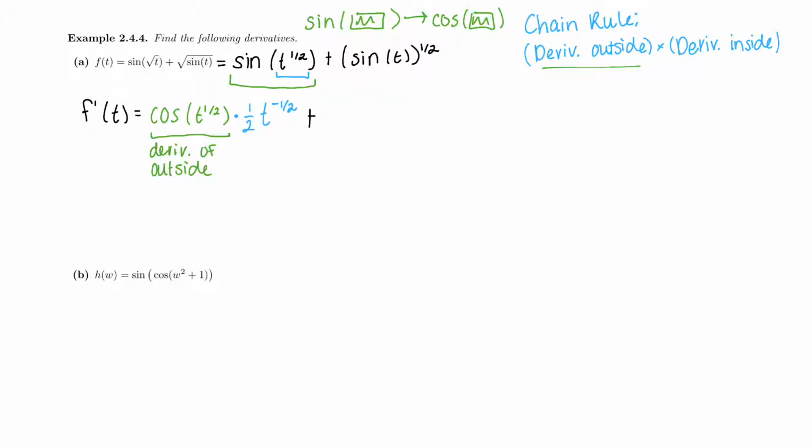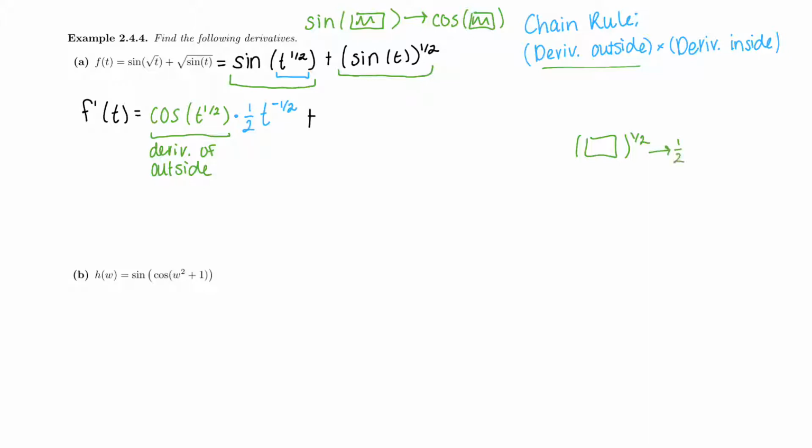Plus, now for this guy, the outside function is this guy. So I don't care what's on the inside when I'm doing the outside function. I just know that it's being raised to the 1/2 power.